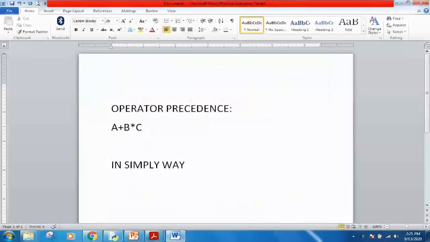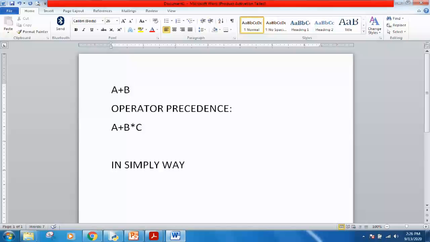So expression is nothing but a combination of operators and operands in a single line. Suppose I am writing a plus b. So this is an arithmetic expression which is having a and b as operands and plus as an operator.